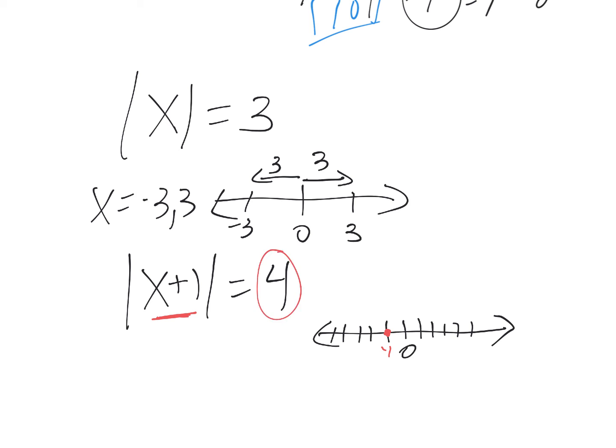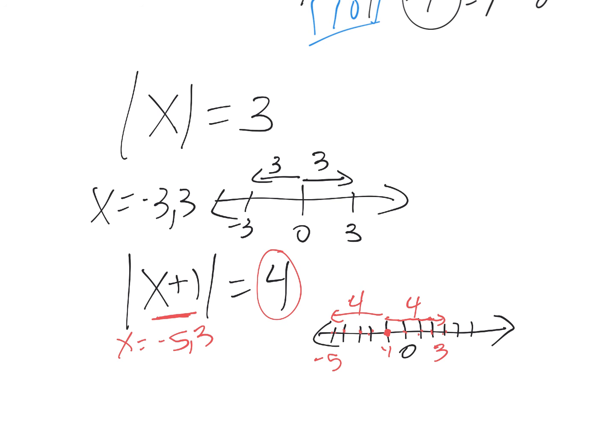And so then I go 4 in one direction, 1, 2, 3, 4, right? Then I go 1, 2, 3, 4 in the other direction. And so we get 0, 1, 2, 3, and negative 2, 3, 4, 5, negative 5. So x is negative 5 and 3.